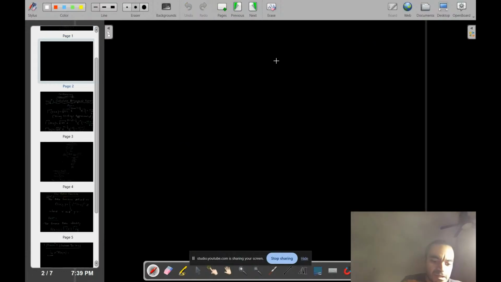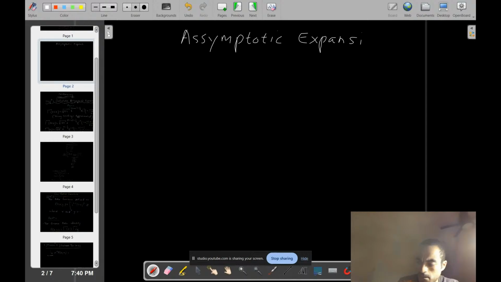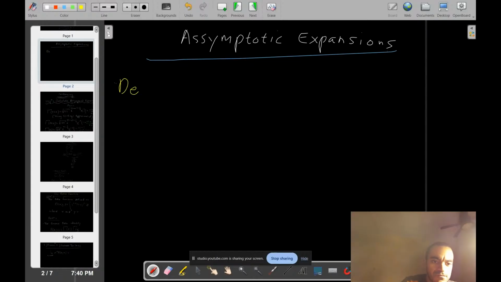Okay, so asymptotic expansions. I made notes of these. So method number 1 for an asymptotic expansion. Well, first off, I should mention the asymptotic expansion definition.